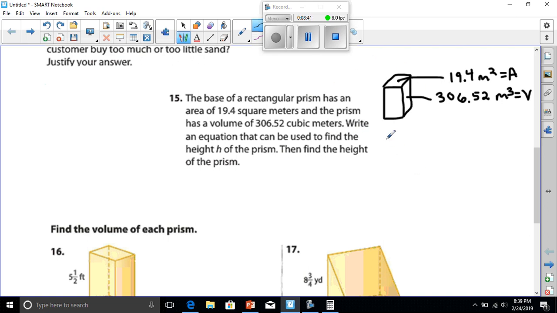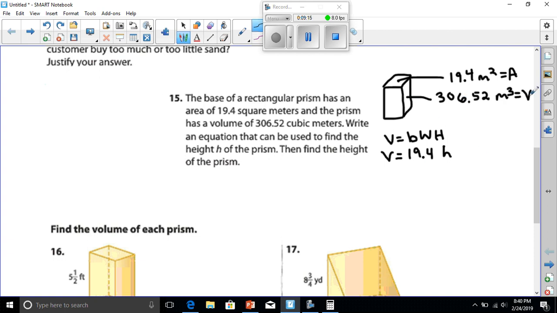Well, let's see. We know that the formula is volume equals the base times the width times the height. Base and width is what makes up the area. So really what they've told us is this volume is equal to 19.4 times the height.